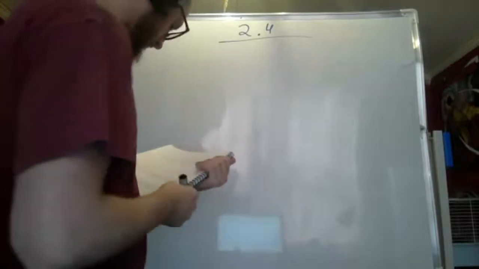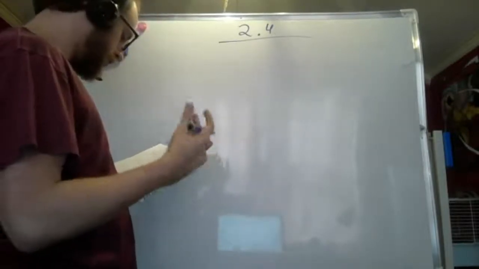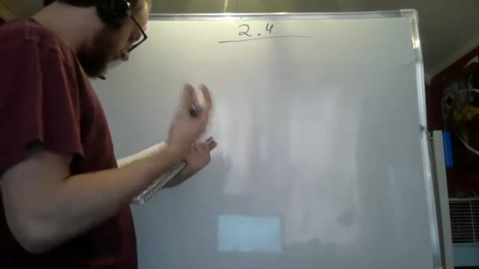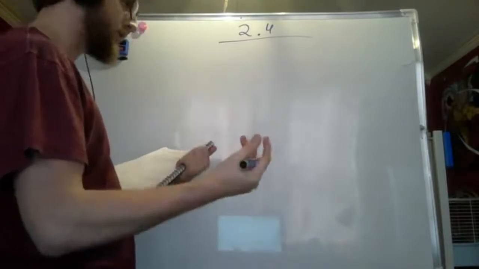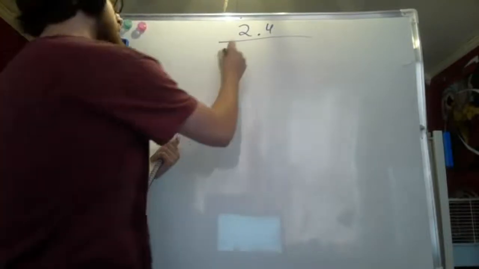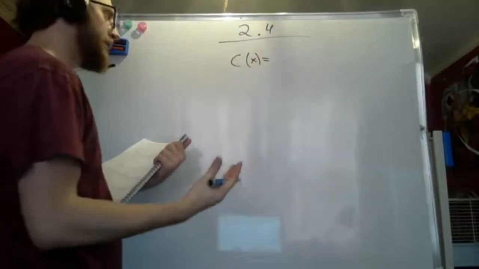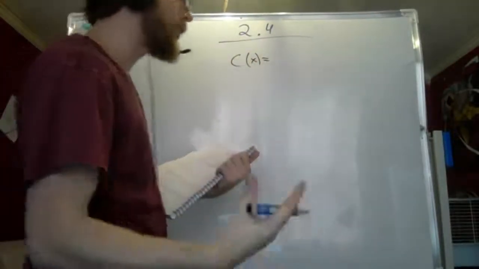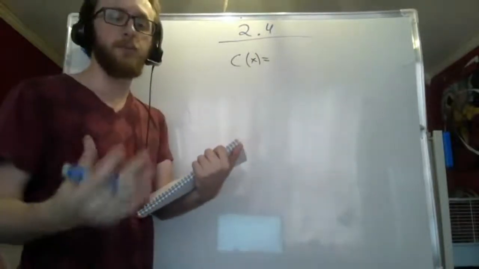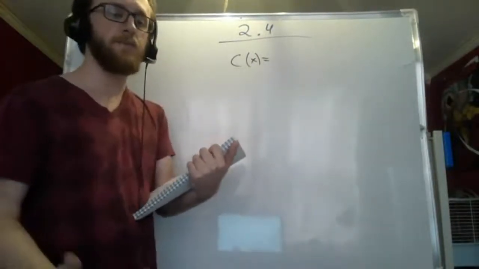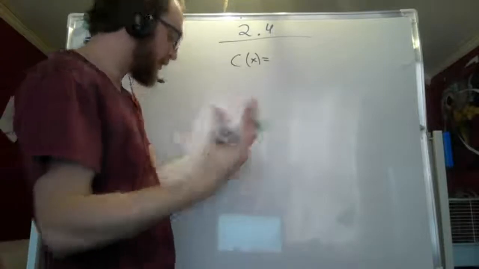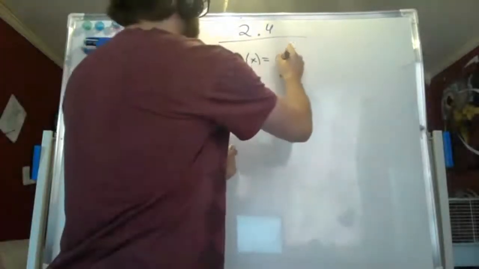So what do we have here? Well, we're told for each order there is a setup fee of $50. So we're looking for C of x. Regardless of how many items you purchase from the manufacturer, how many t-shirts you buy, it's always going to cost you at least $50.